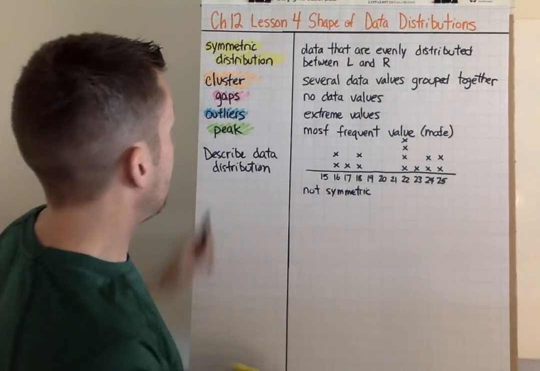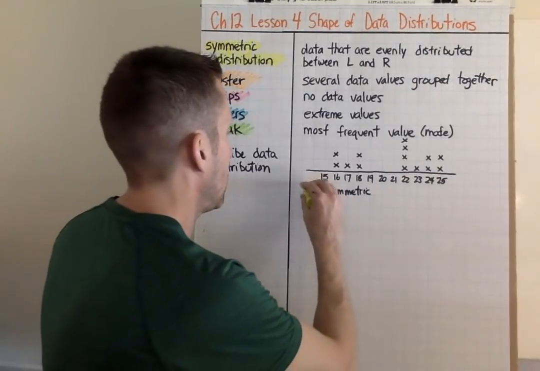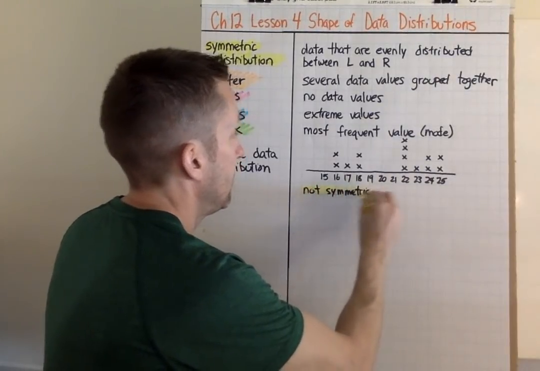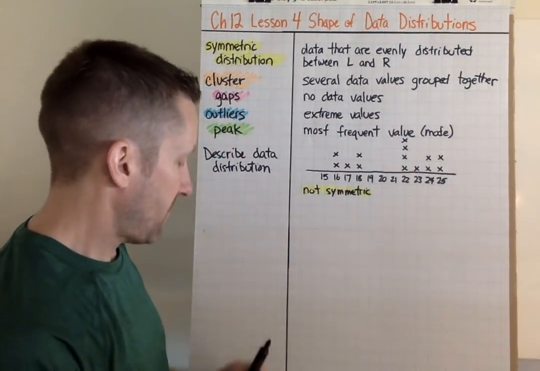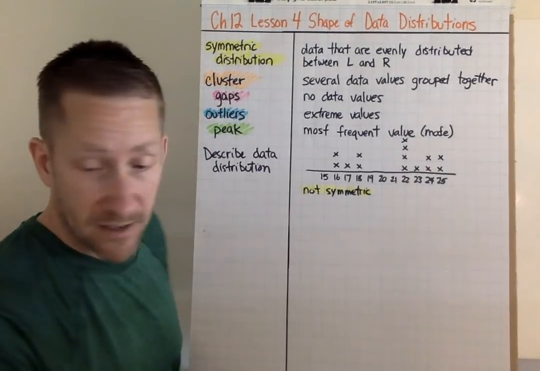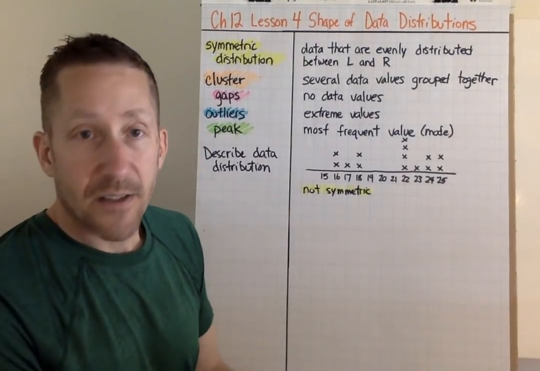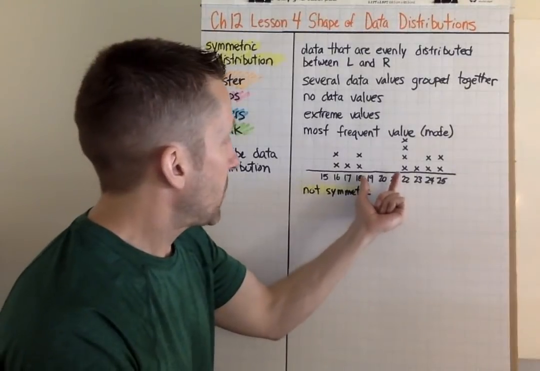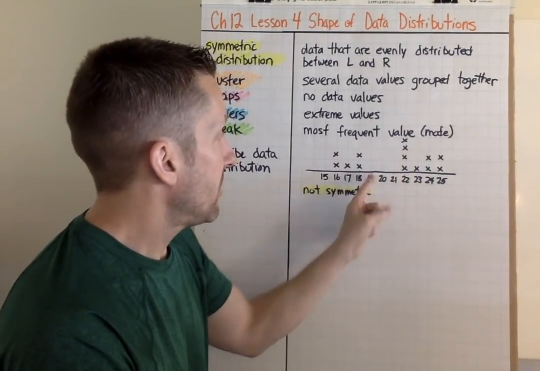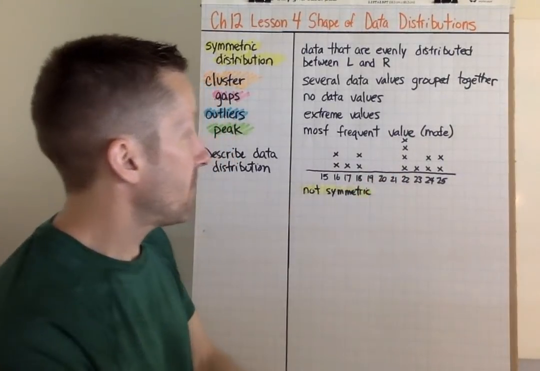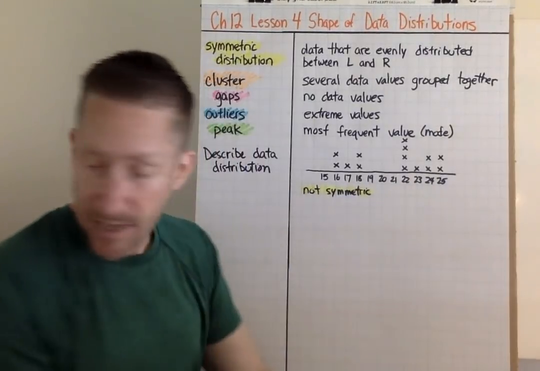I'm going to highlight these the same colors that we used up here. So the first thing we could say is, well, it's not symmetric. There is a gap between 19 to 21. There's no values at 19, 20, or 21. So that would be called a gap in our data.